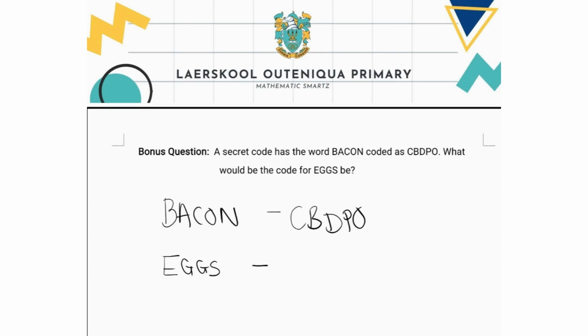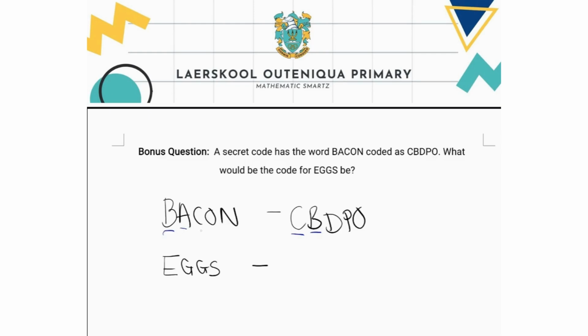Well, let's look at the first letter of the word bacon and the first letter of my code, C. What do you notice about those letters? What about the A of bacon and the B of the secret code? Did you notice that the secret code is just the following letter in the alphabet? For example, the letter that comes after B is C, after A is B.